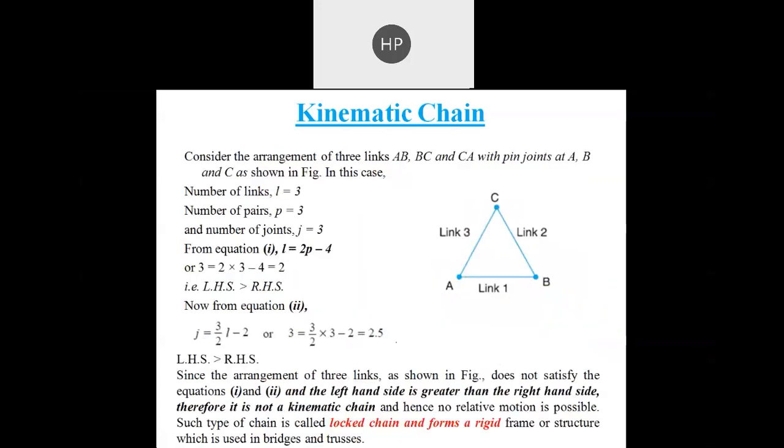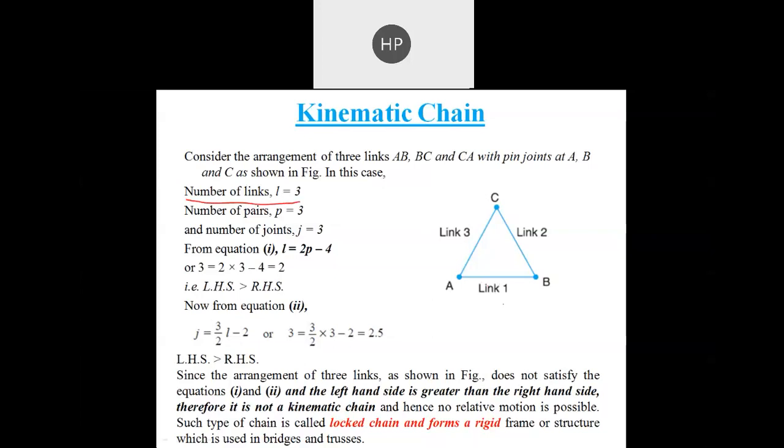Here we will take one example, which has three links. Link 1 is AB, link 2 is BC, and link 3 is CA. As we know, the number of links L is equal to 3.